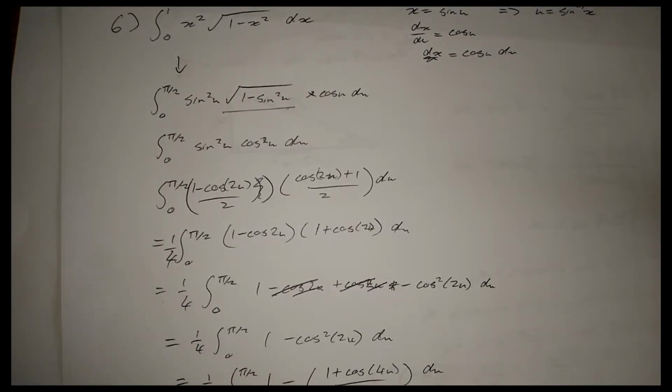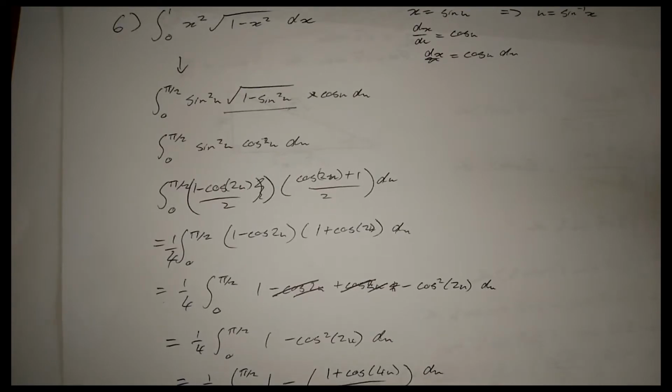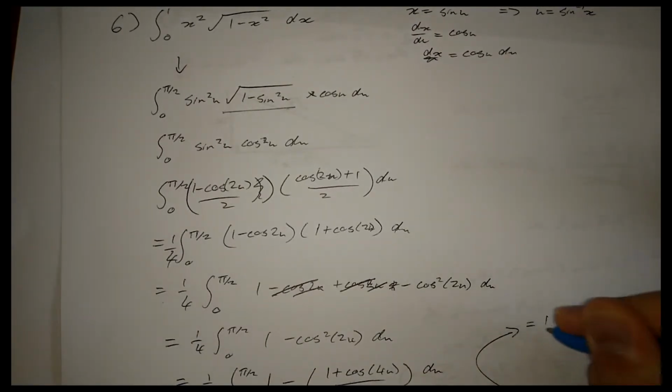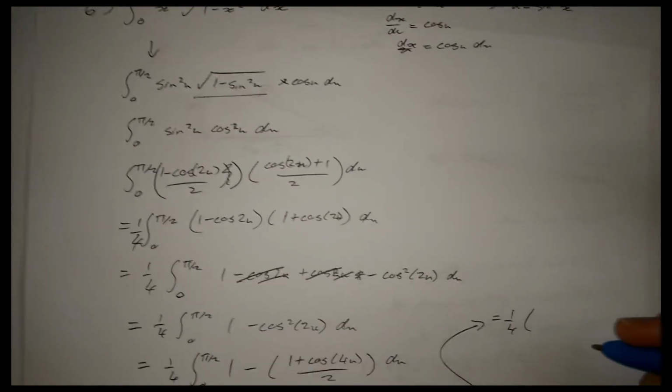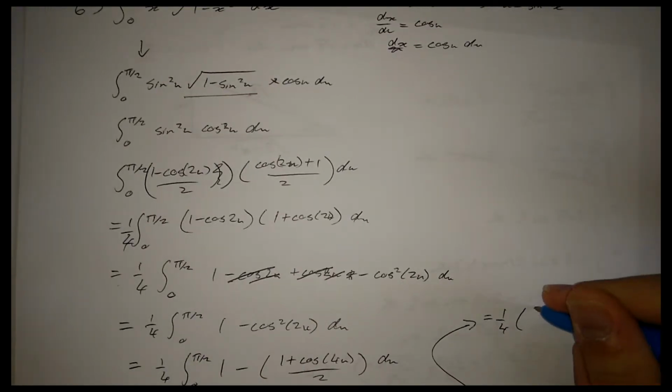So we'll do half u minus 1 on 8 sine 4u, evaluated from pi on 2 to 0, equaling 1 on 4 times half times pi on 2.